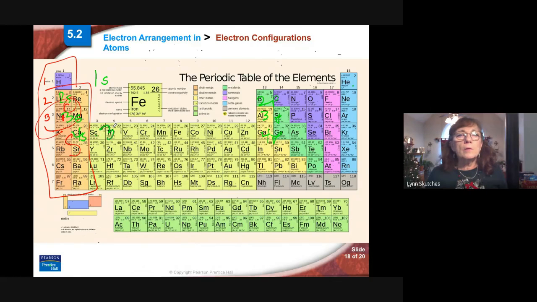These are the 3d. Remember, d's, 1, 2, 3, 4, 5. D's is with the donut thing. And so the 4s has slightly lower energy, then it goes 3d.